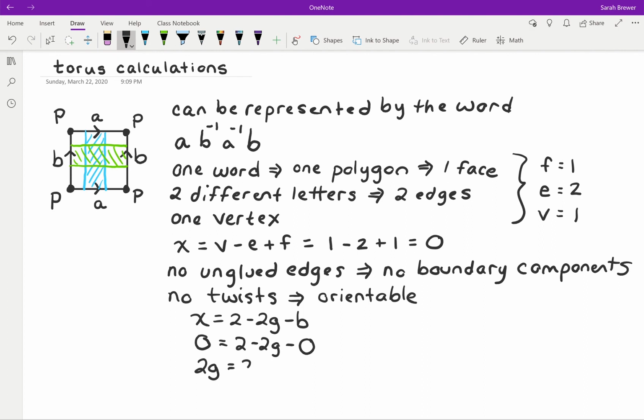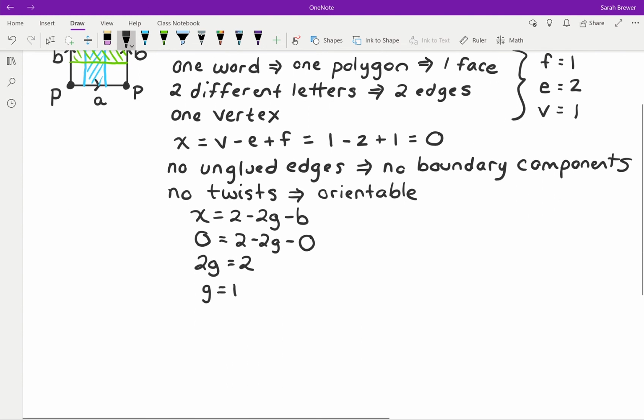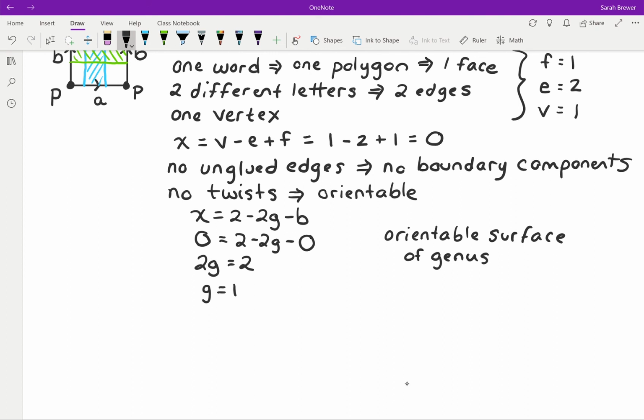So 2g equals 2, or g equals 1. So what does this mean? So we have an orientable surface of genus 1 with no boundary components.